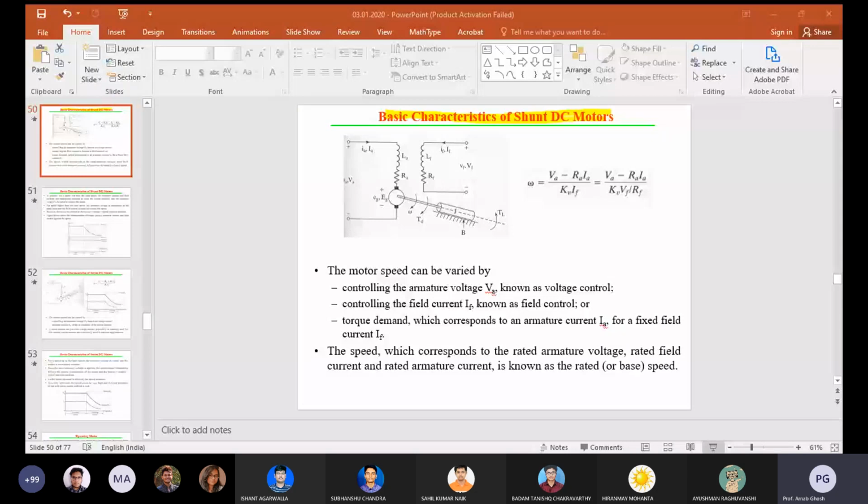If that EG value is more than your VA, then current will flow from higher potential to lower potential, so the direction of your armature current will be reversed.